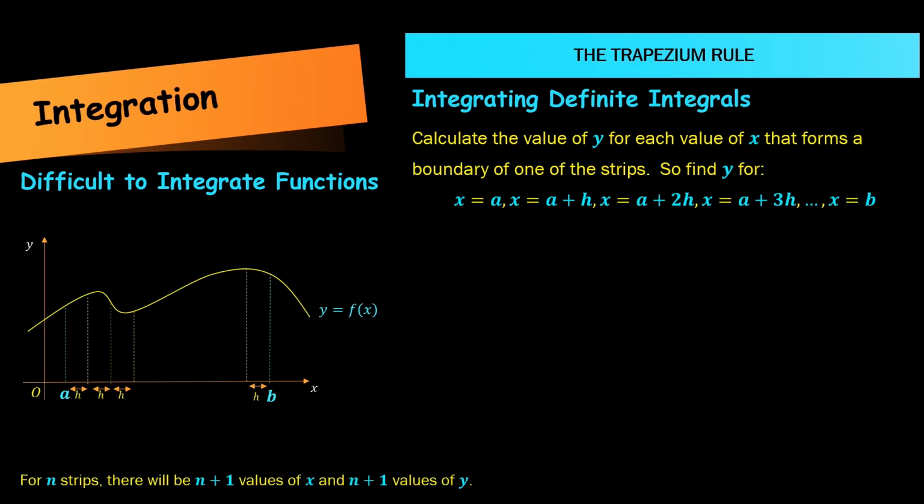For n strips, there will be n plus 1 values of x and n plus 1 values of y. You can label these values y0, y1, y2, all the way up to yn, as shown here.